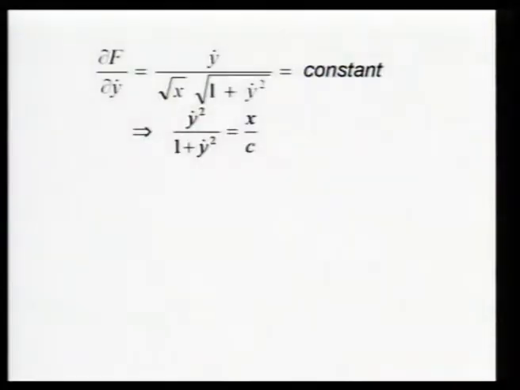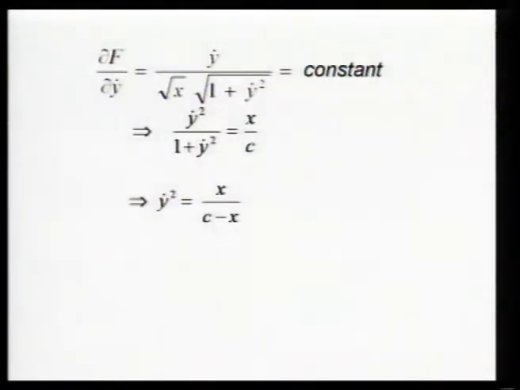Now, you can solve it either by cross multiplication or by the componendo dividendo method of ratio and proportion. You want y dot square, but in the denominator you do not want 1 plus y dot square, you only want 1. So subtract the numerator from the denominator. So we retain the numerator as it is, y dot square. From the denominator we subtract the numerator. So here we obtain x upon c minus x.